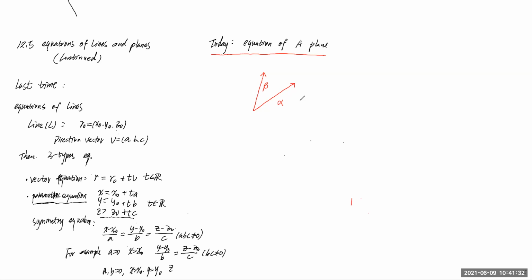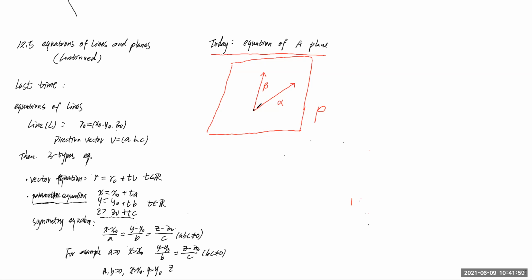A plane P, and then we know there is a vector which is perpendicular or orthogonal to this plane, right? We call it n, and this n is called the normal.